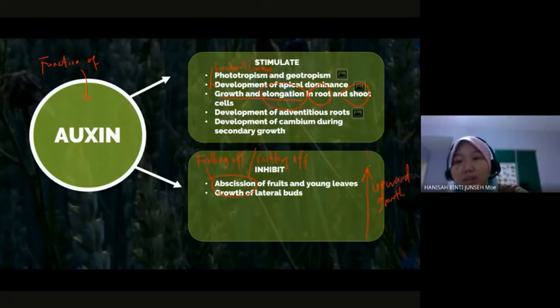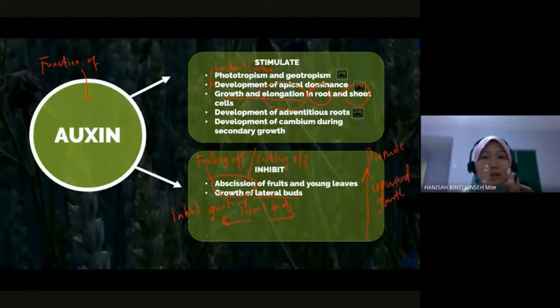Actually, auxin promotes upward growth, so it doesn't promote the lateral buds growth. Growth of lateral buds means the side by side growth, left or right. This is lateral buds. So it will inhibit growth of lateral buds.